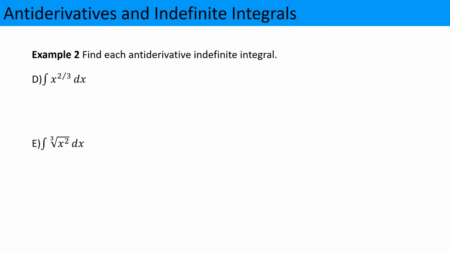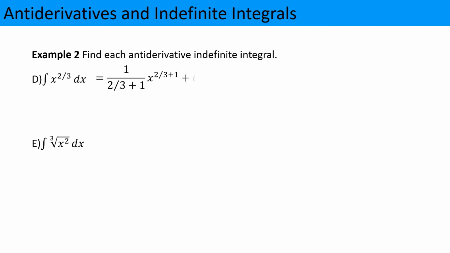Let's continue. Part D, the integral of x to the power of 2/3 dx. We use that power rule again, and we'll write that as 1 over 2/3 plus 1, and then x to the power of 2/3 plus 1. Don't forget the plus c. We have to have that for every indefinite integral.